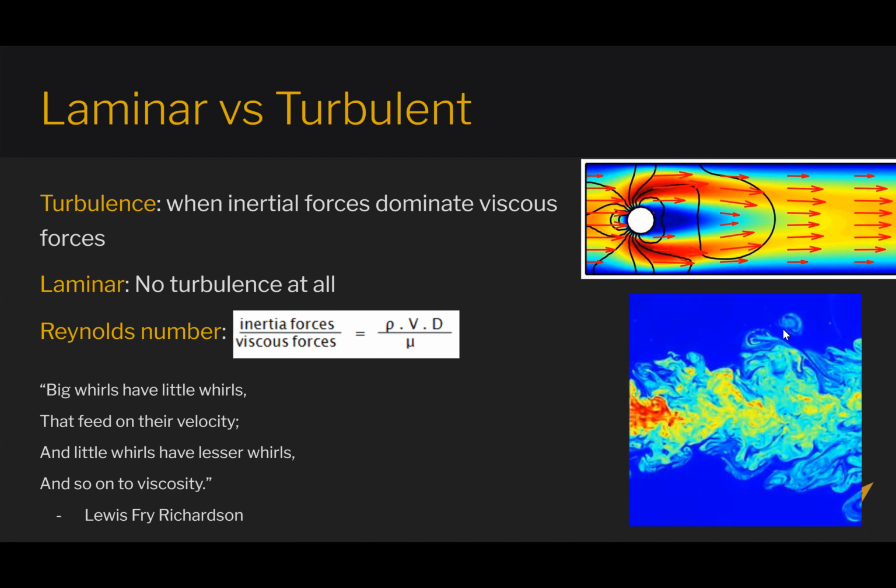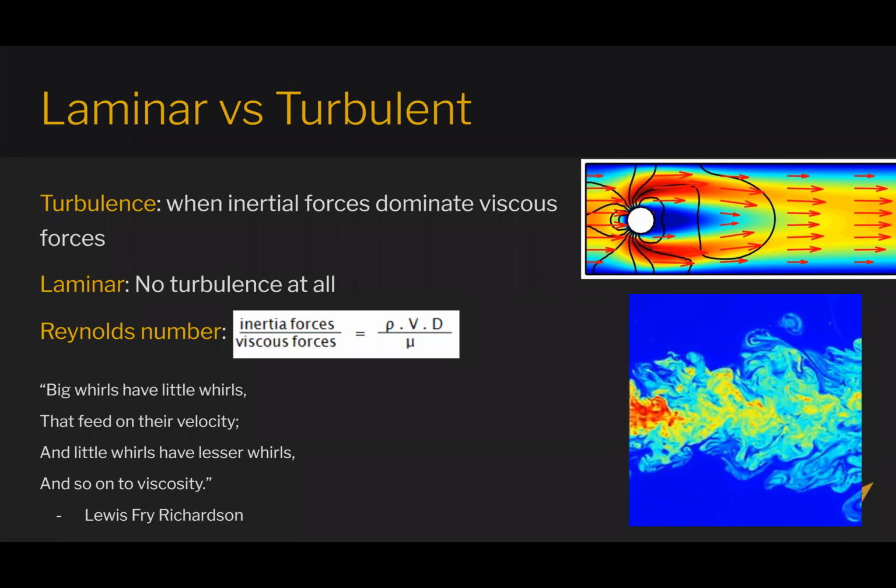So big whirls are the eddies, the eddy vortexes, and each whirl takes energy from the other whirl that it's on. So big whirls have littler whirls, and that'll continue until the flow dissipates into energy, or the viscosity of the fluid. It basically goes back into the fluid.